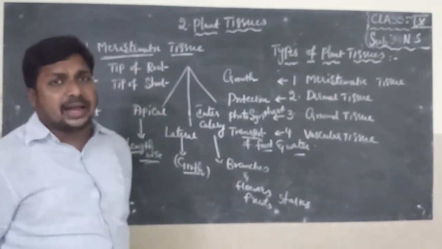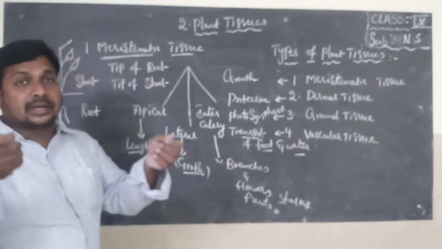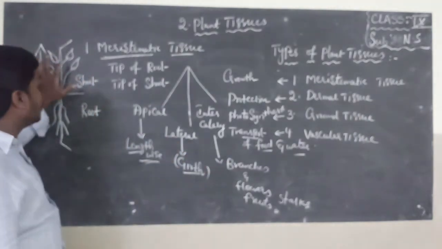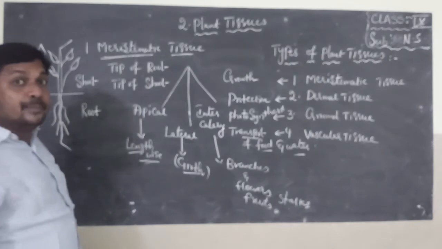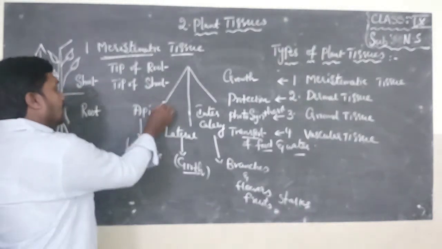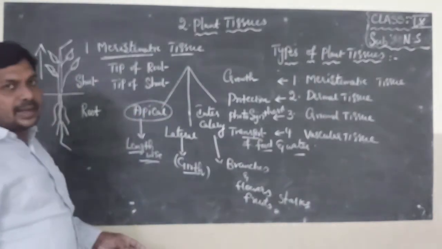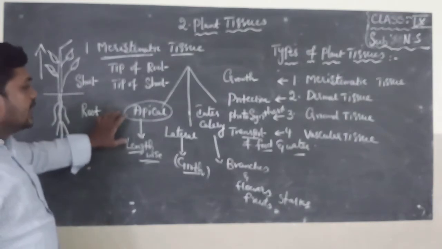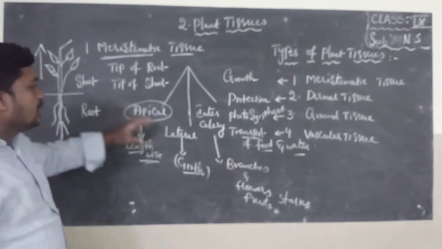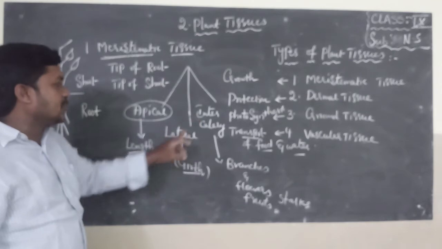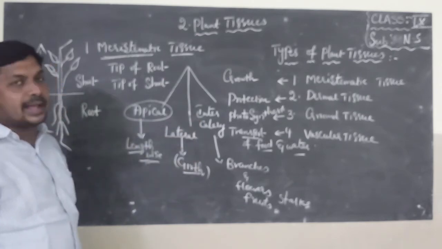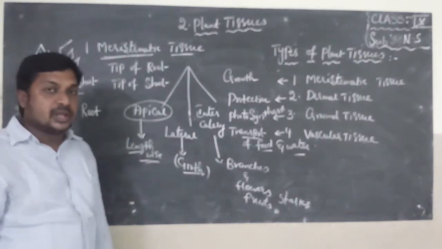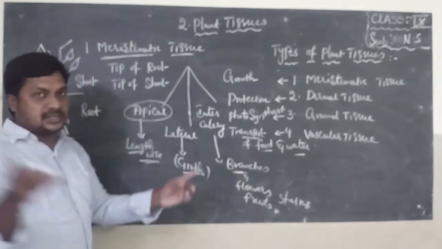If you go to a park, gardeners will cut the tips of stems. What is the reason? They are removing the apical meristematic tissue. When apical meristematic tissue is removed, which tissue is present here? Lateral and intercalary meristematic tissues are present, which will give side branches.